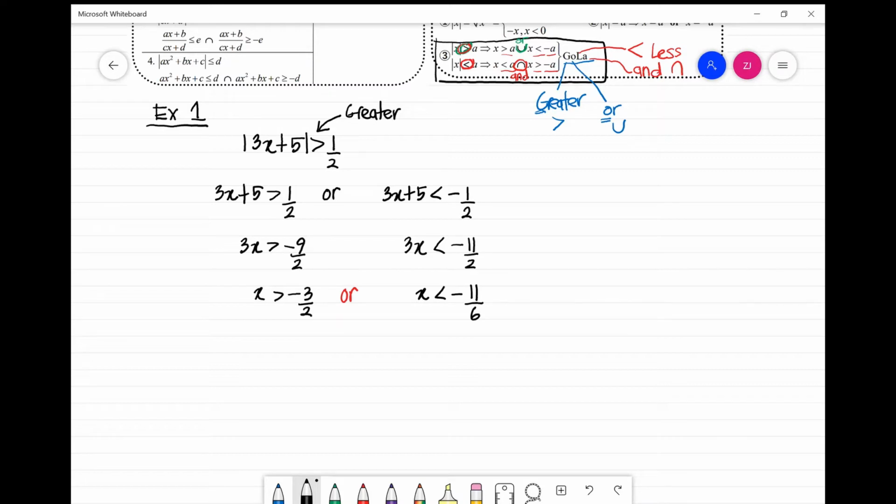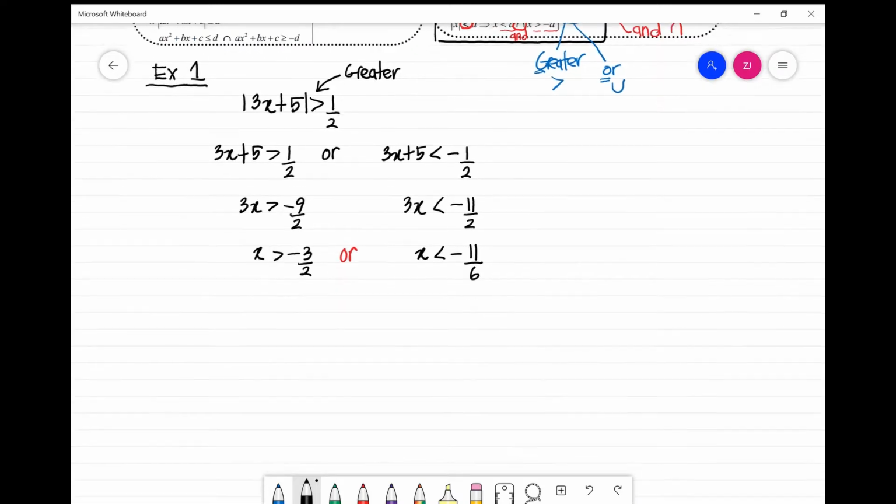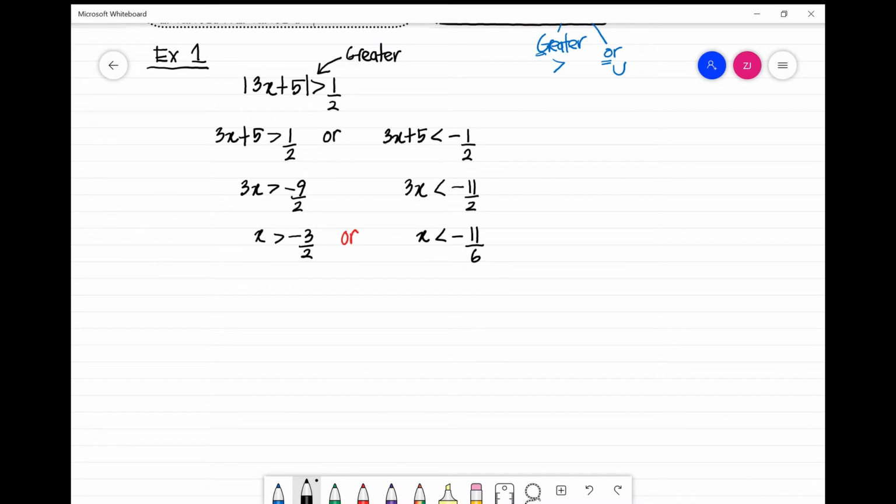Now, in order to find the union between these two sets, we are going to draw a number line. Between negative 3 over 2 and negative 11 over 6, negative 11 over 6 is the lowest value, followed by negative 3 over 2. Based on the first set, we have greater than negative 3 over 2, empty circle to the right, and next we have negative 11 over 6 to the left. Now we are going to find the union.